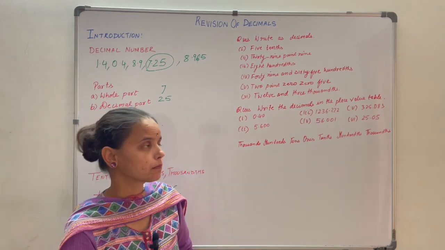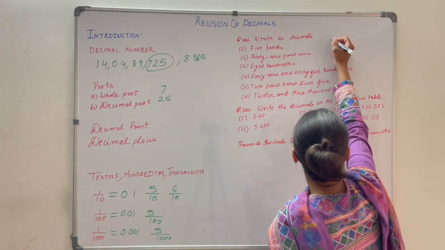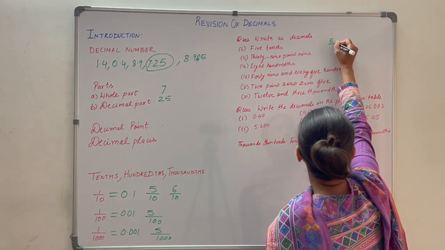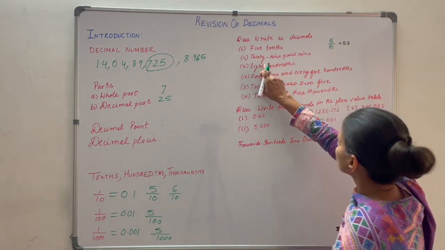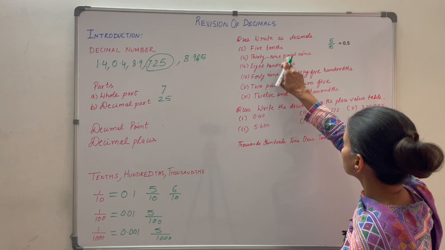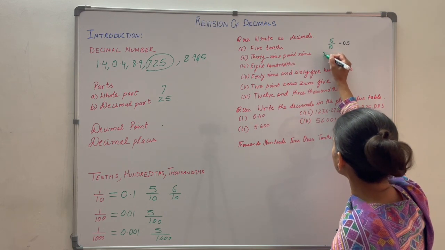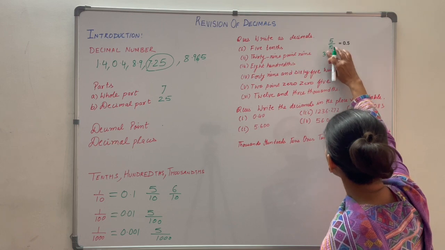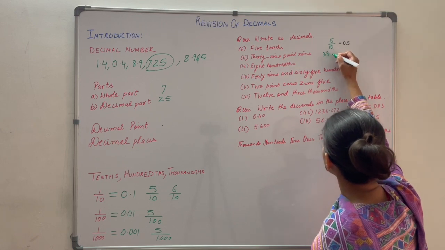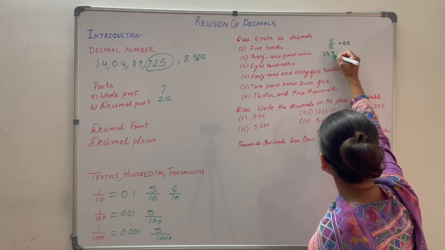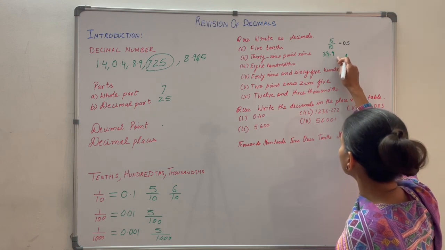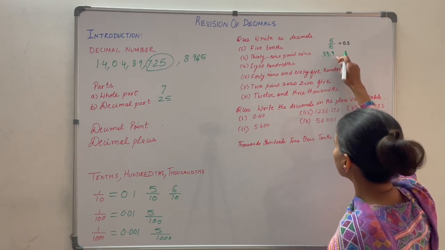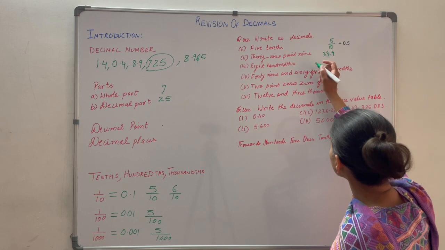5/10, that means that is 5 by 10. 39.9. So this is written as 39.9. The way we write, same way we read. 39.9. 8/100.